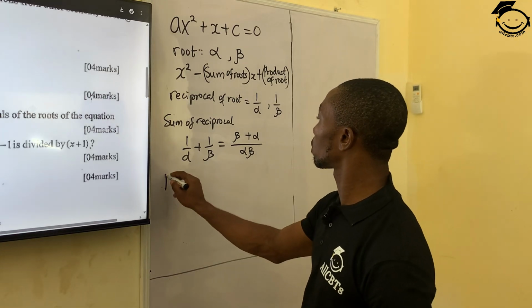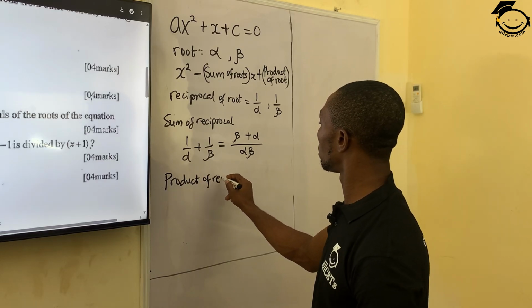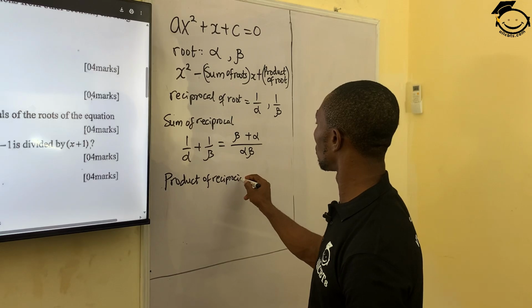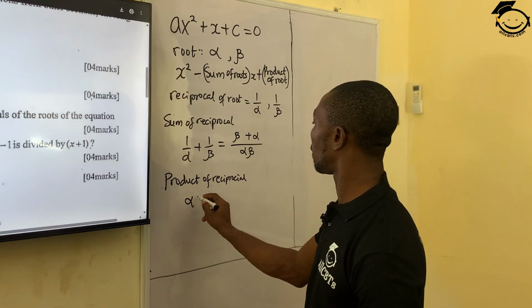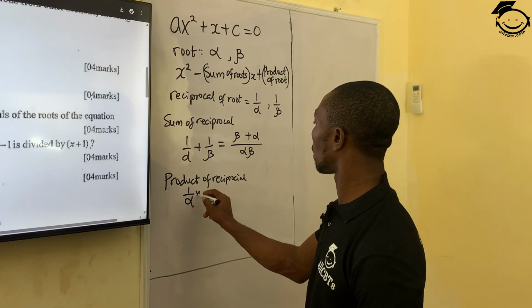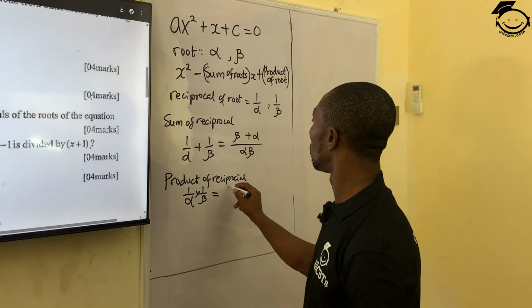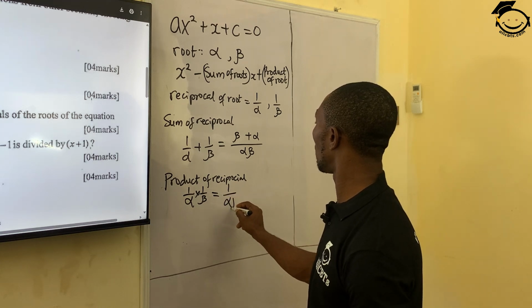All right, for the product of reciprocals, we are having 1 over alpha times 1 over beta, which is going to give us 1 over alpha beta.